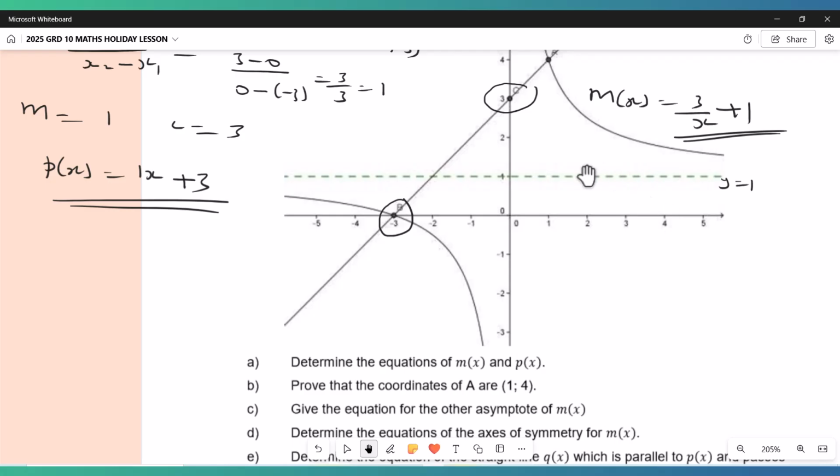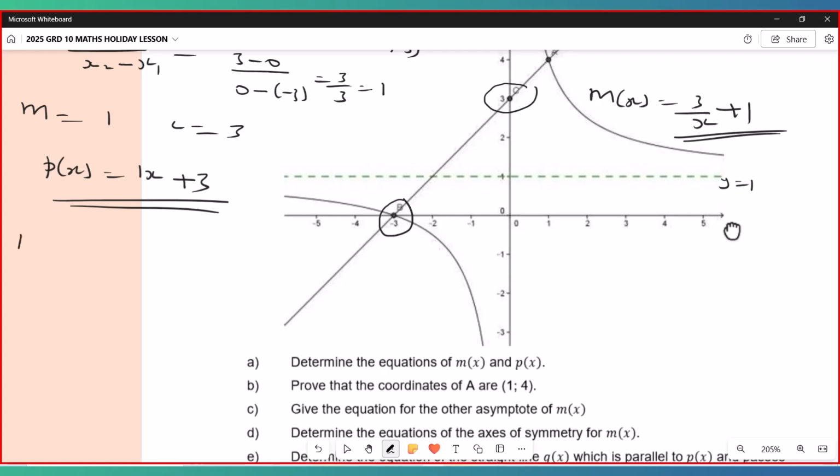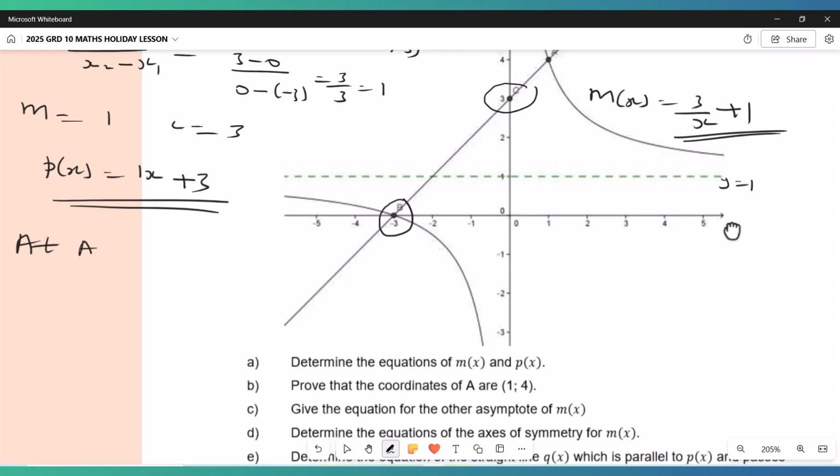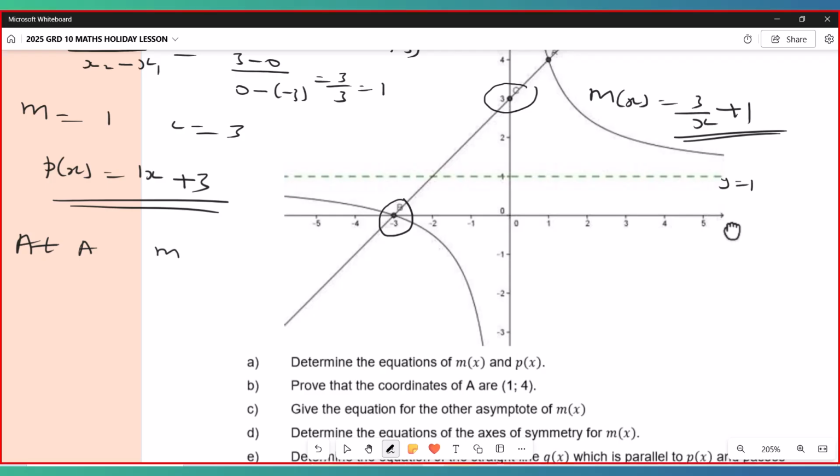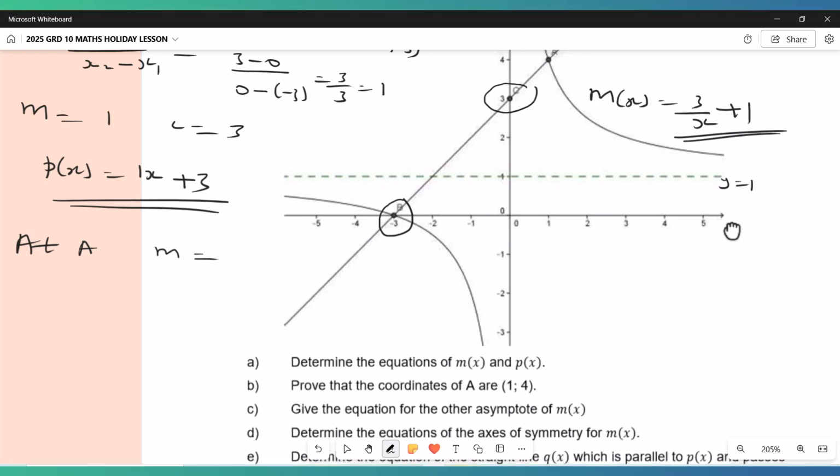Let's solve them simultaneously. At point A, my m of x equals p of x. So I'm going to say that 3 over x plus 1 should be equal to 1x plus 3.